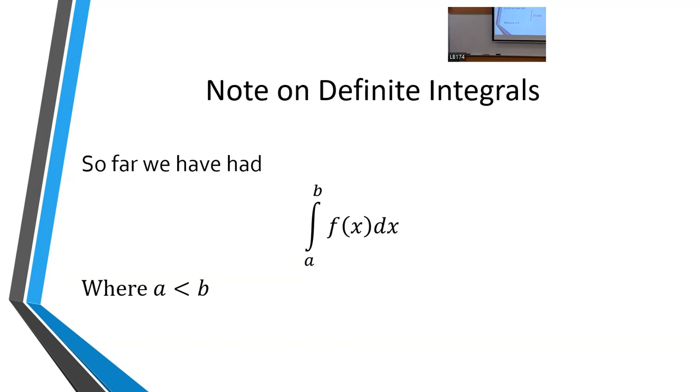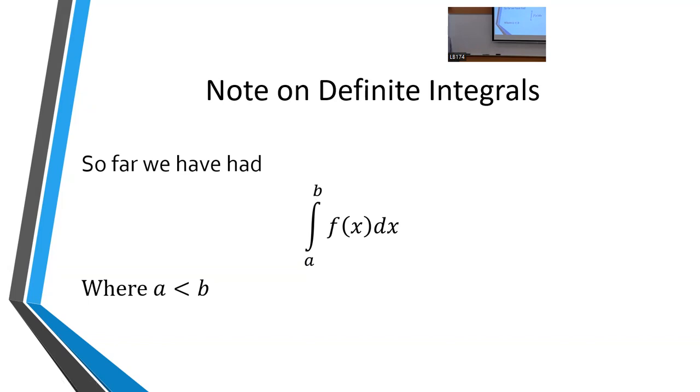So definite integrals give us the signed area, the way I told you, as long as a is smaller than b. So if you write this in the usual way, you write your smaller number underneath and your bigger number above.